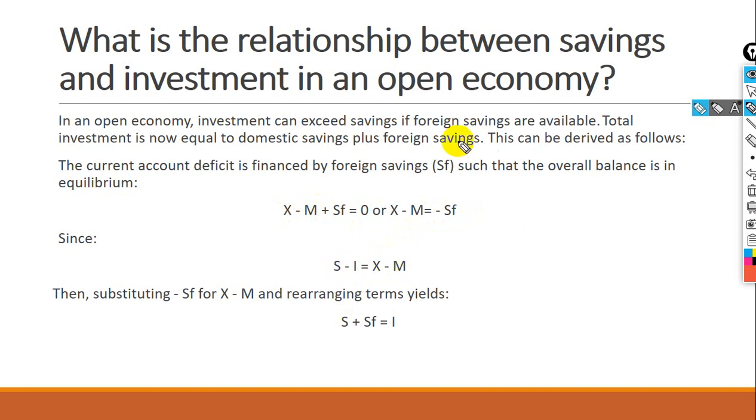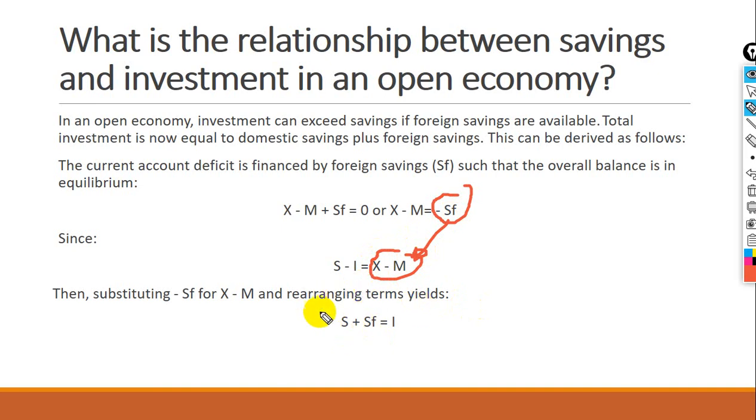And from the previous equation, S minus I equals X minus M, and X minus M equals negative SF. So we are going to replace X minus M with negative SF.